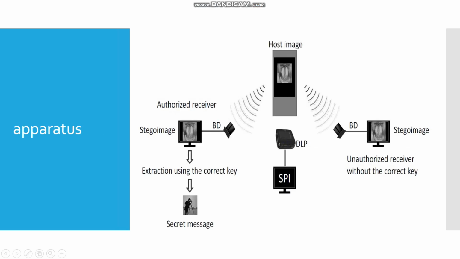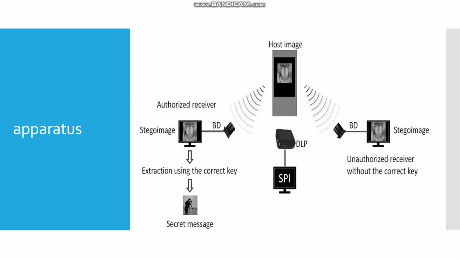So as we can see, this is the apparatus of the real-time application. First, the secret message is Fourier transformed and sent to the digital light projector, which combines it with modulated wave patterns and presents it on the host image. After that, as I explained earlier, it is a wireless broadcast system.